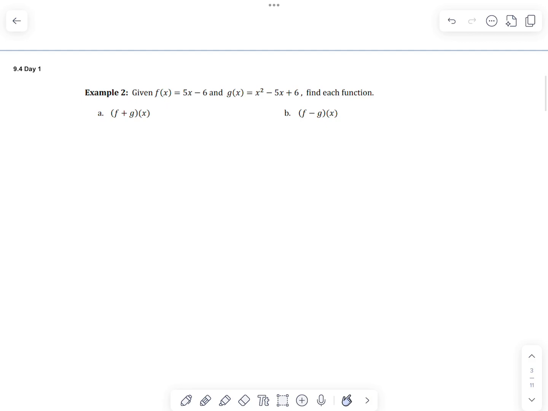Here's our second example, a linear and a quadratic. And we're going to go ahead and add and subtract. So we're going to take f of x plus g of x.